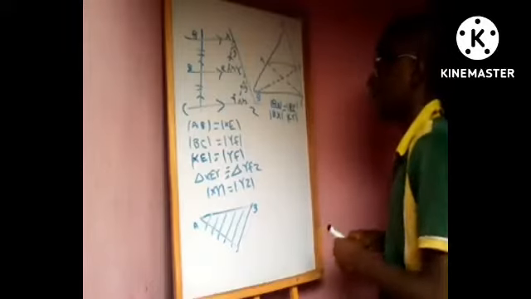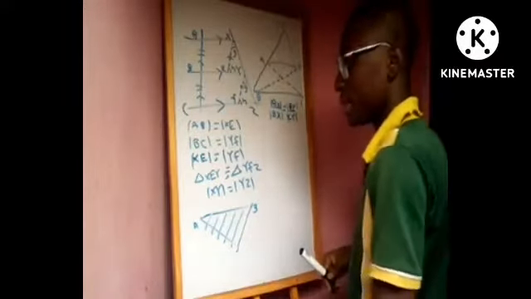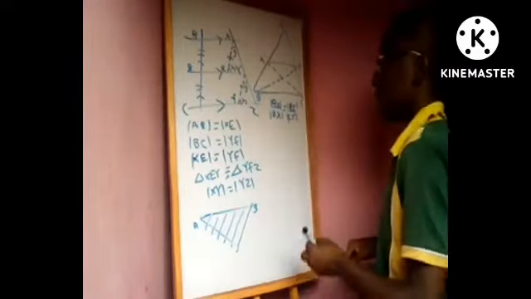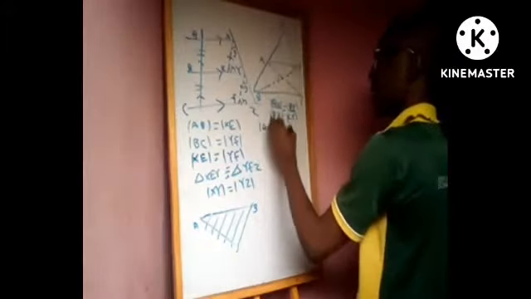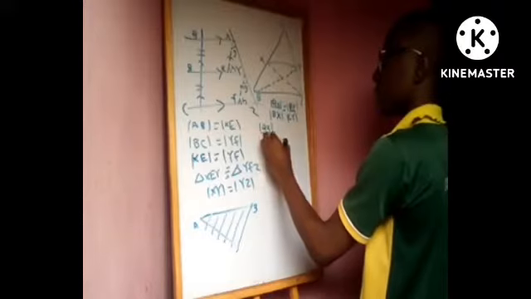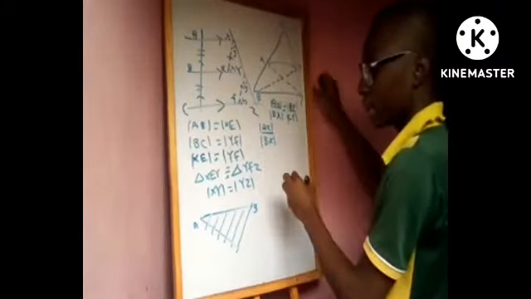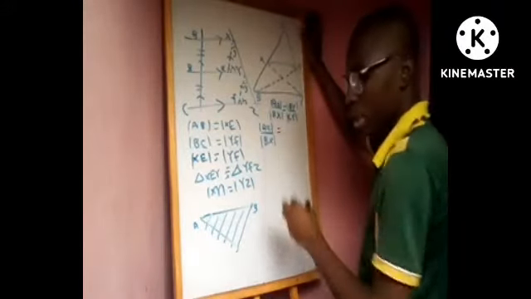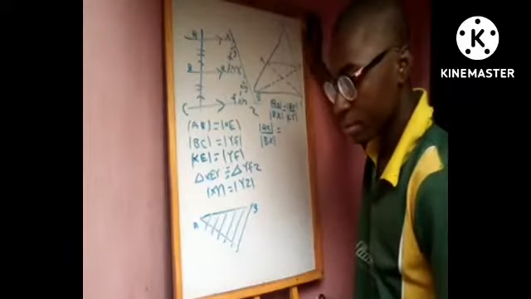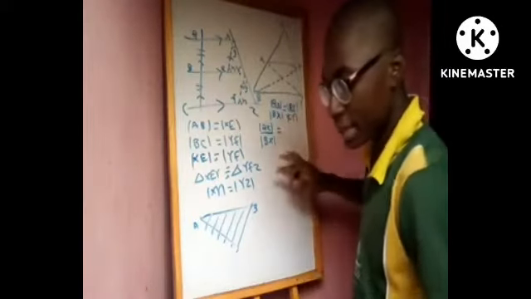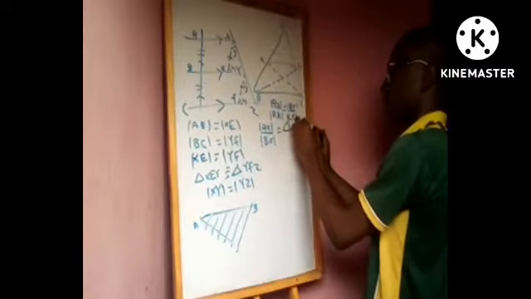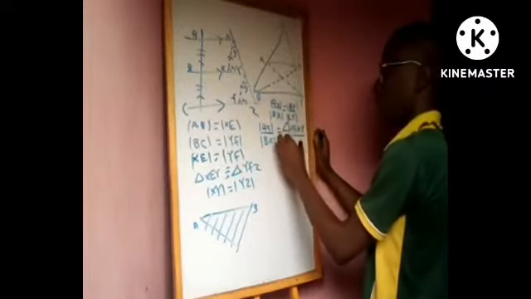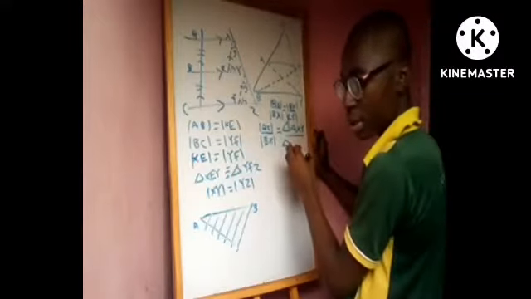So we can simply say that AX over BX is equal to triangle AXY over triangle BXY.